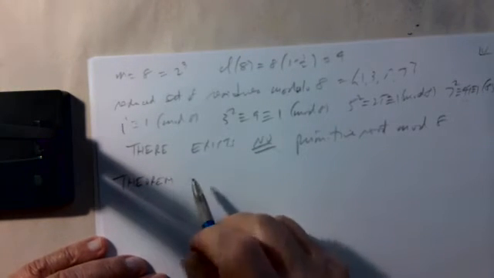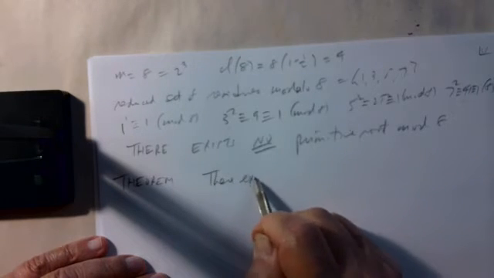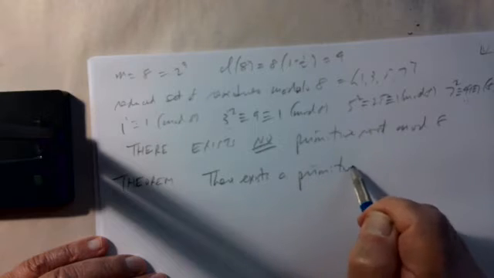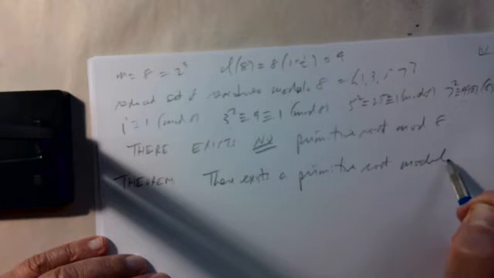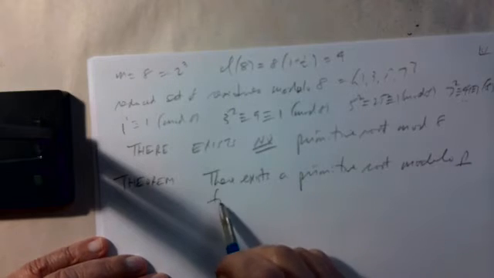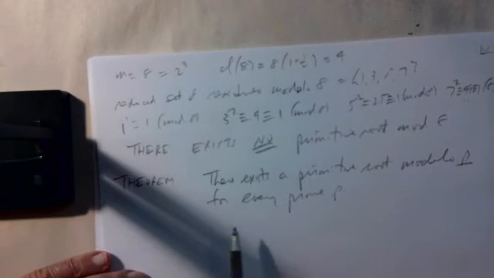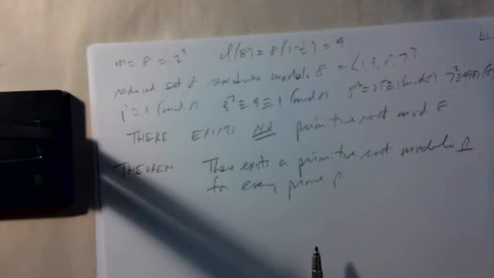The theorem says that there exists a primitive root modulo p for every prime p. So we saw, for example, that 3 is a primitive root mod 7. But some numbers other than primes have primitive roots. We saw that 10 has a primitive root.